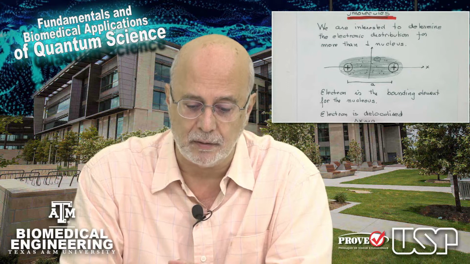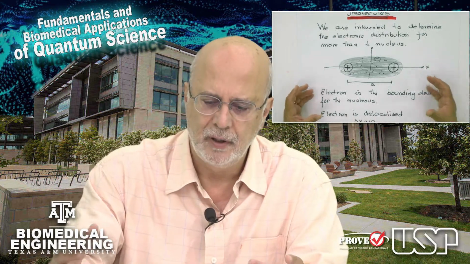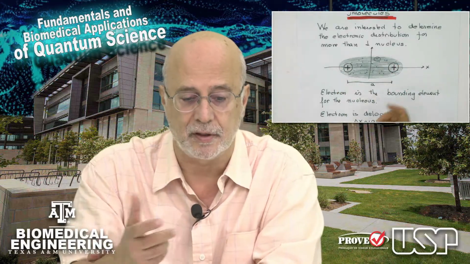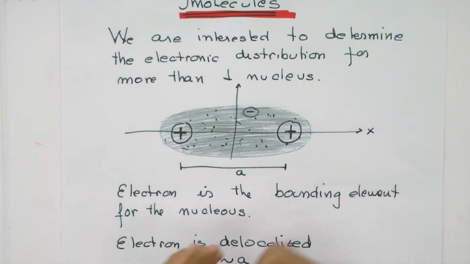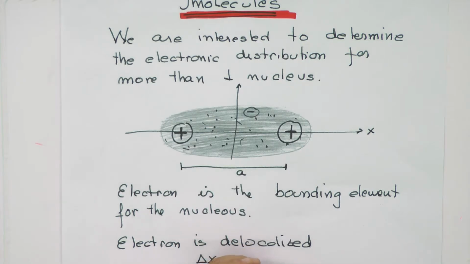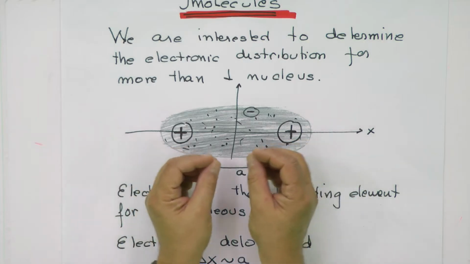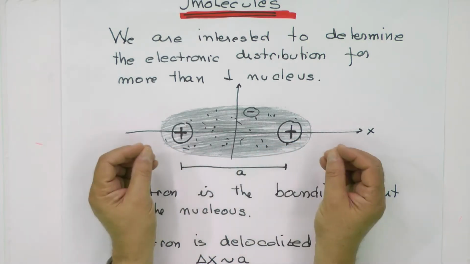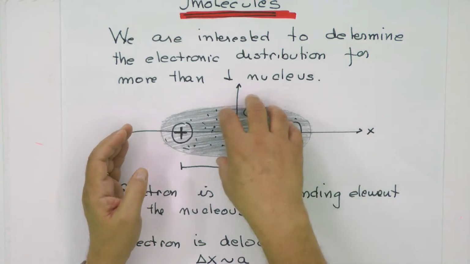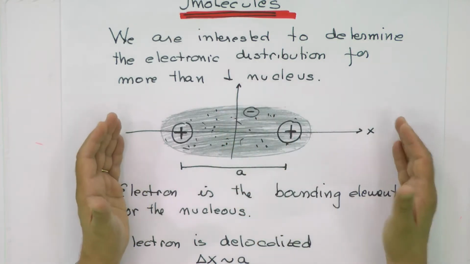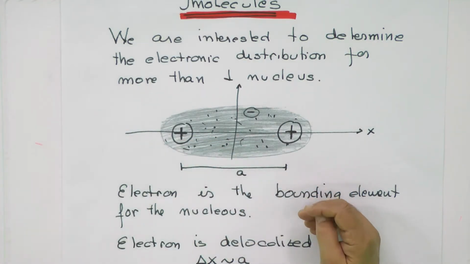And as a result, it turns out that the electron itself can bind this together, because naturally the two nuclei want to repel each other. They are both positive. If they start to get too close together, they repel. But when they get far apart, the electrons somehow win the force and make them come back.